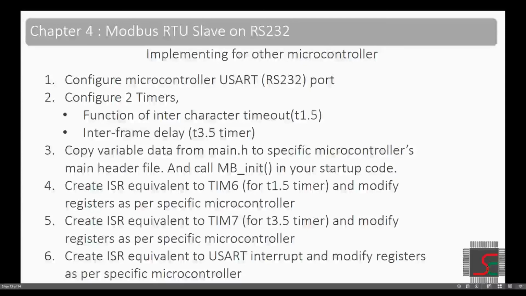So I have just listed the steps of what can be done if you are implementing, say, using a Texas Instruments microcontroller, or a PIC microcontroller, or 8051, anything. These are given as generic steps. I hope this will help.